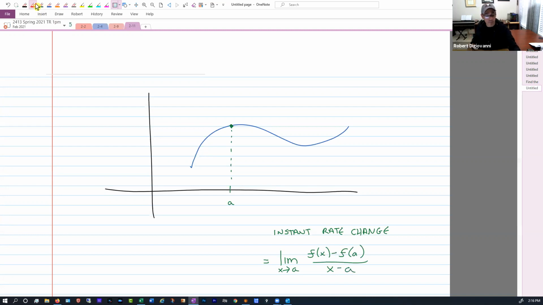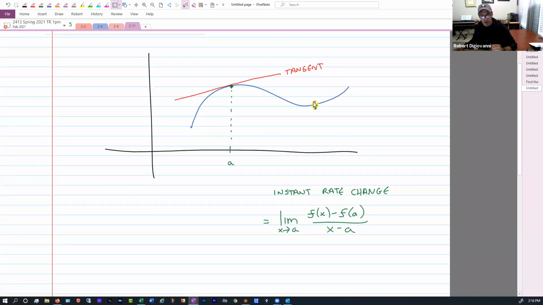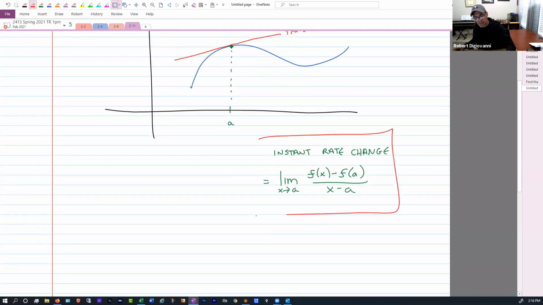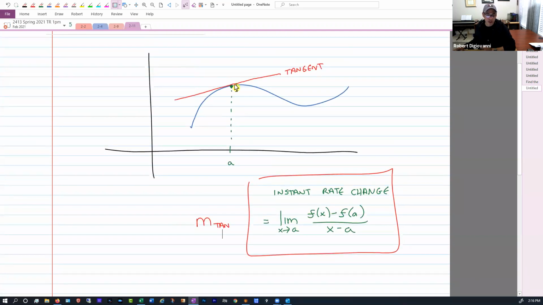What that means geometrically is that we are finding the slope of this red line, which is the tangent line. So not only is this the instantaneous rate of change, it is also the slope of the tangent line. I'll put slope and then a little tan underneath so you know I'm talking about the slope of the tangent line. So this limit also gives you the slope of the tangent line, which represents the instantaneous rate of change of the function at that point.